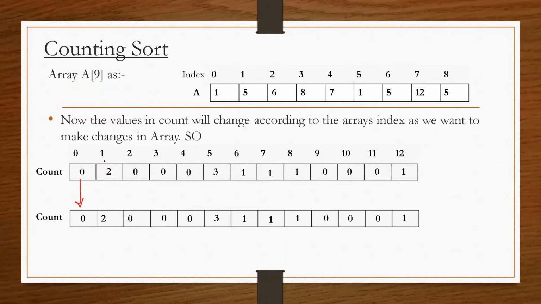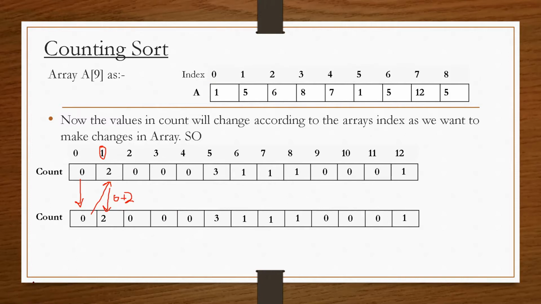The second element is 1 for us. It says 2, so 0 plus 2 is equal to 2. We will place it here. Same like that we will do for others: we will add the previous values to the next indexes and we will get the sorted index values.